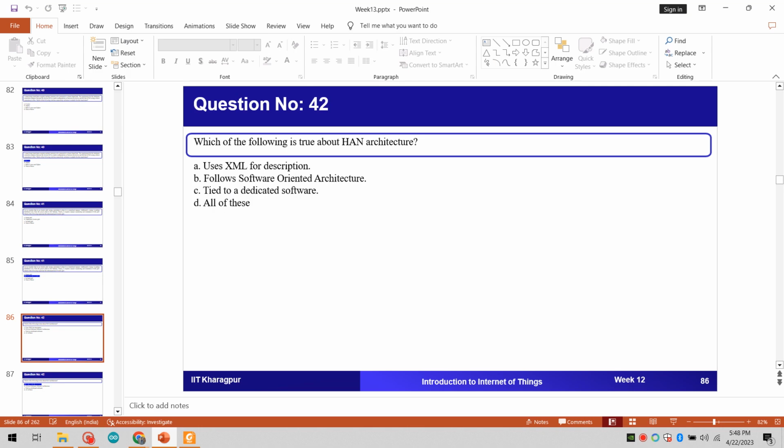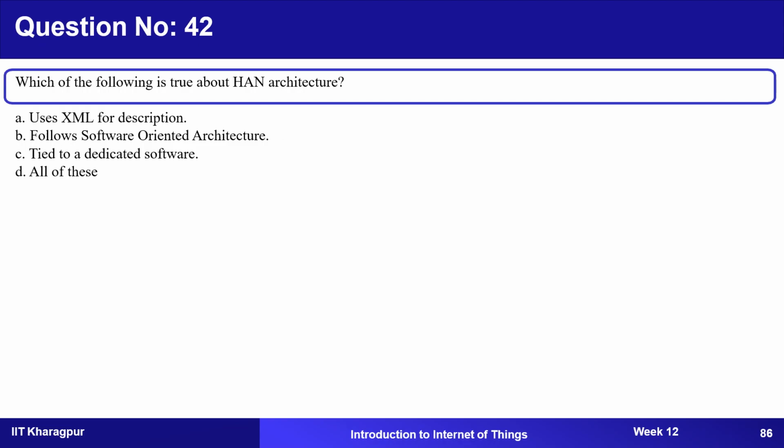D, all of these. Okay. The correct option for this is only that it uses XML for description. The other two are not correct for your home area network.